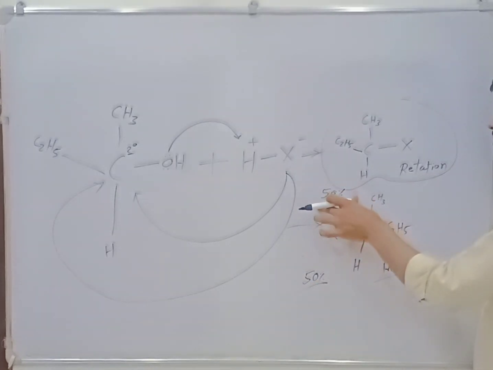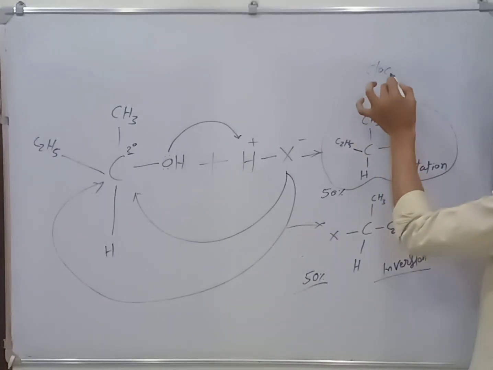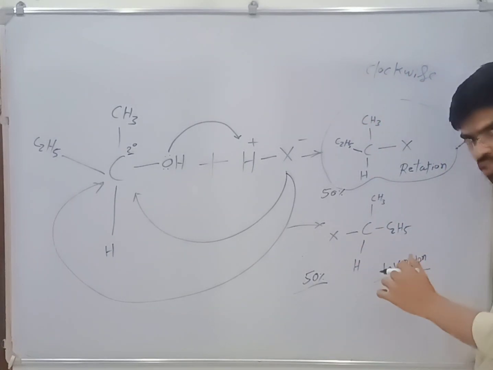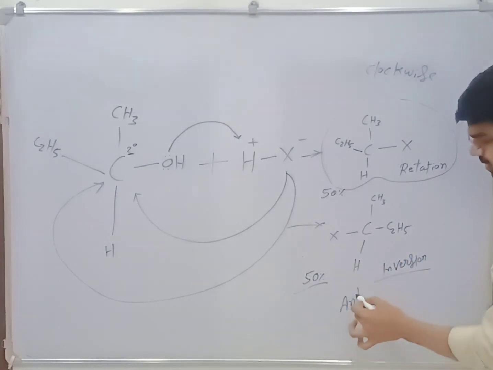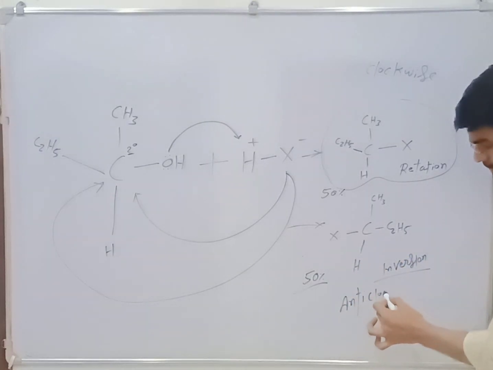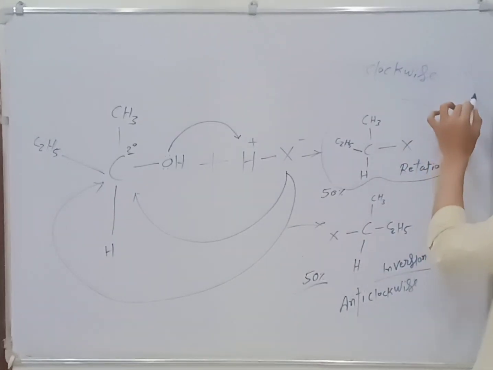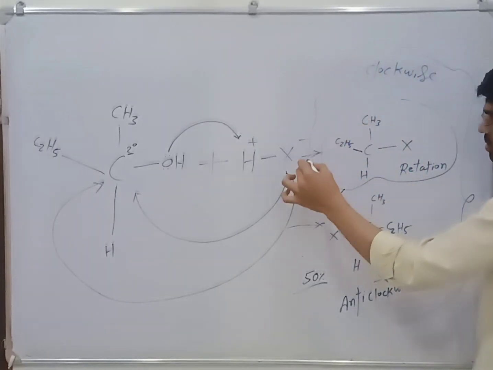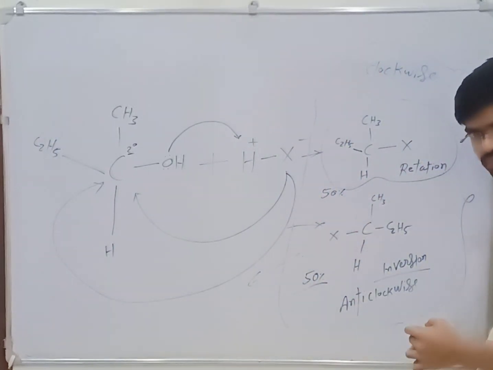If the 50% retention product is rotating the plane polarized light clockwise and the 50% inversion product is rotating the light anti-clockwise, the overall product will cancel the rotation.